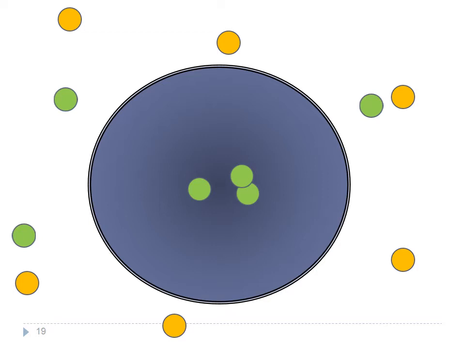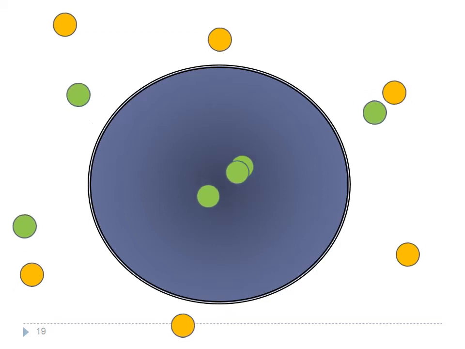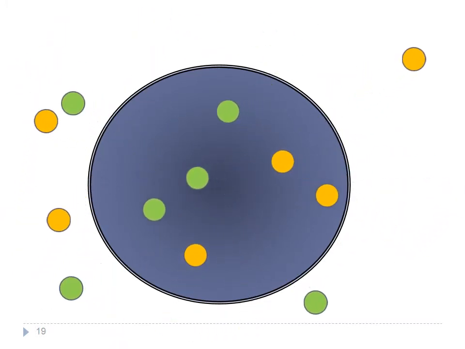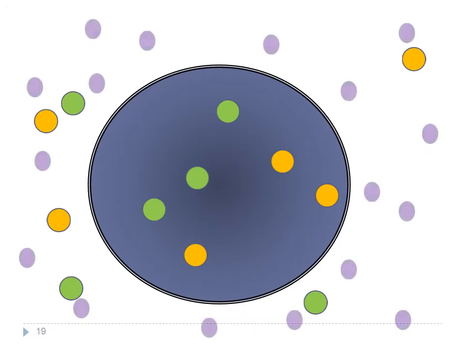If I added a bunch of yellow molecules, that would not change the equilibrium of the green ones, even if those yellow ones were not able to enter the cell. If they did, eventually both of these would reach equilibrium. And of course, adding a third type of molecule would not change the equilibrium of the first two.